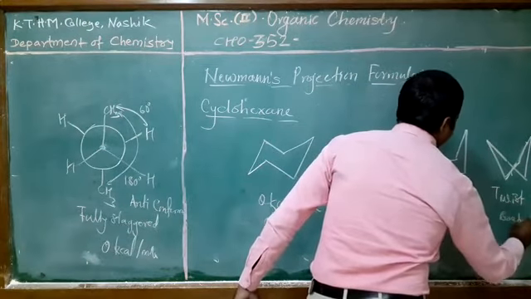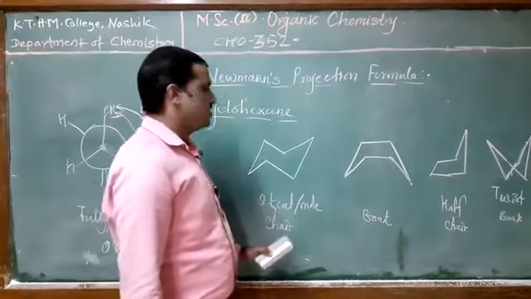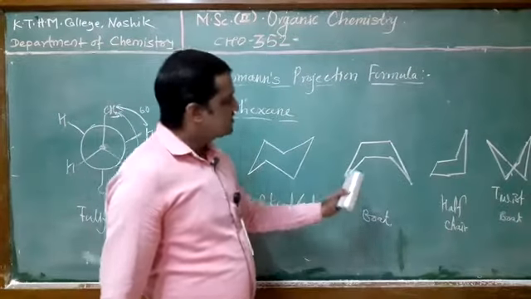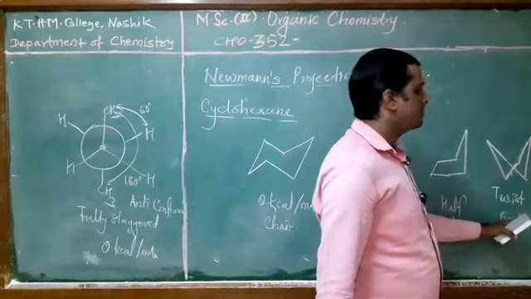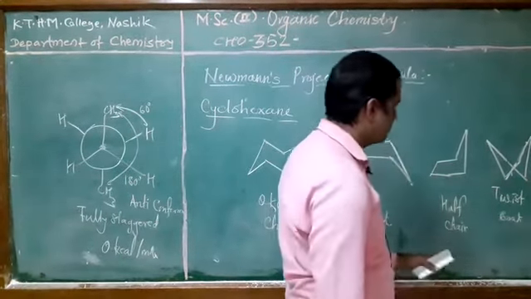When we compare these different conformations, we observe that the chair conformation has the energy 0 kilocalorie per mole. Then the second conformation is the twist boat conformation. The energy content of this conformation is near about 5 kilocalorie per mole.